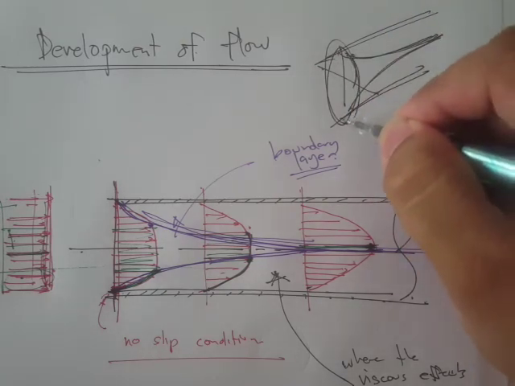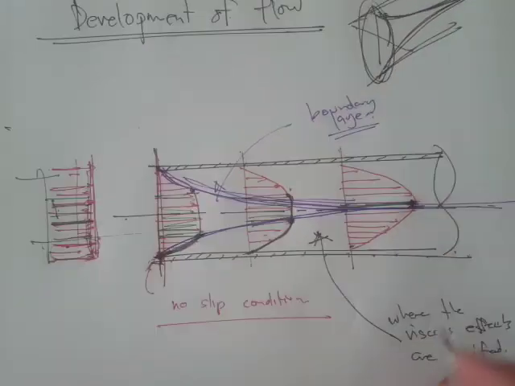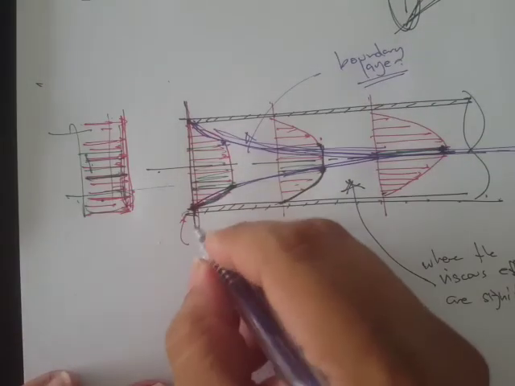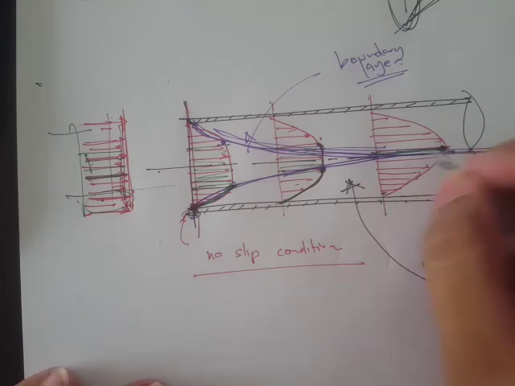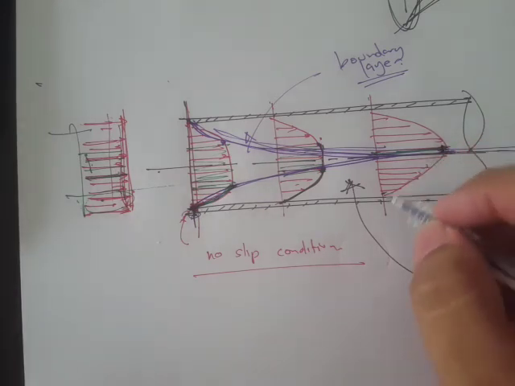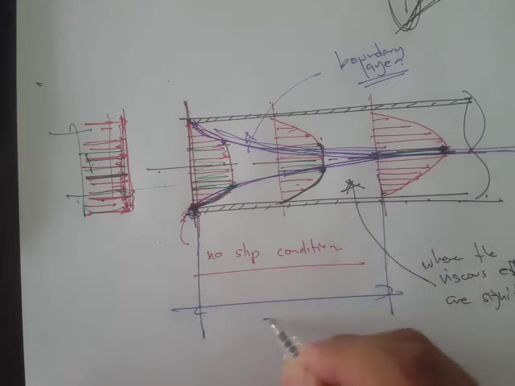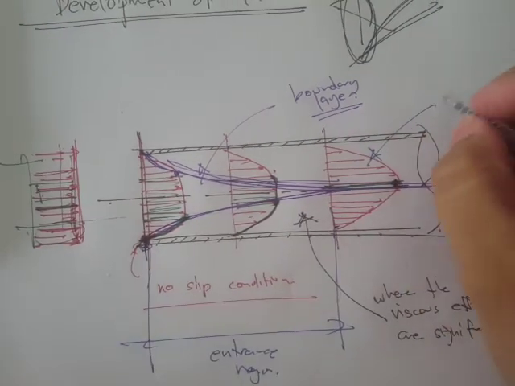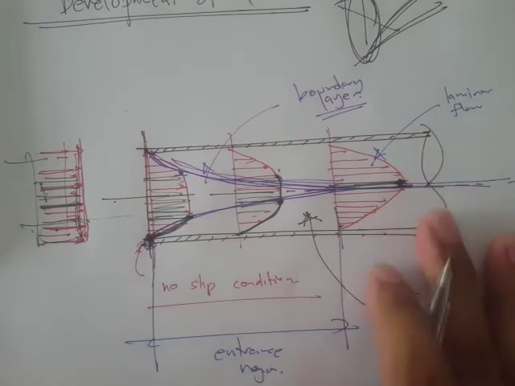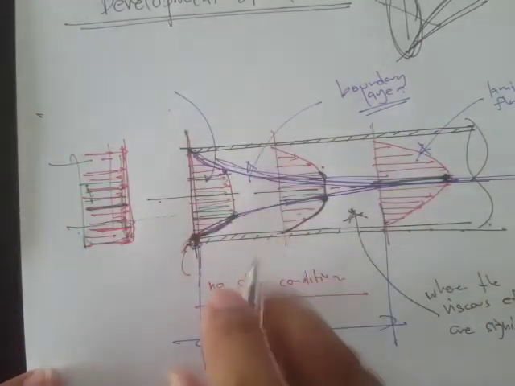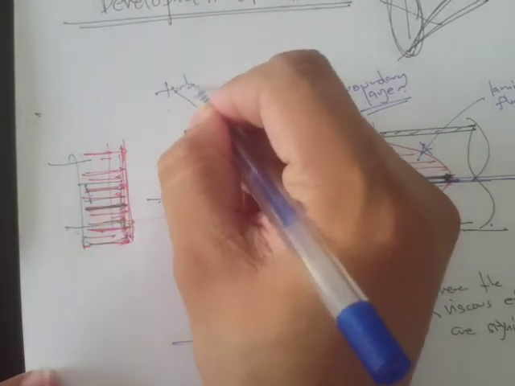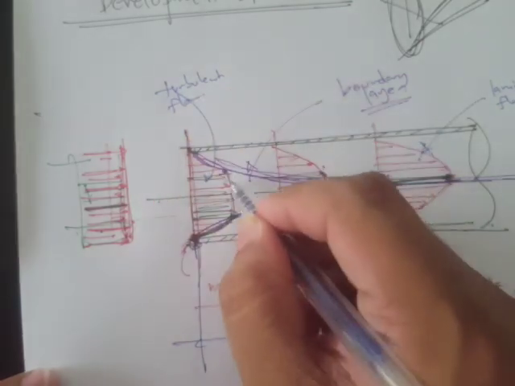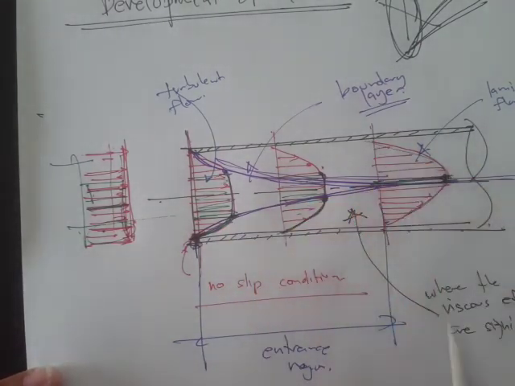The distance from this to where it gets a smooth velocity profile is what we call the entrance region. If we have a smooth velocity profile, that means our flow is a laminar flow. And for a turbulent flow, we'll have something like this, which is flatter as compared to this.